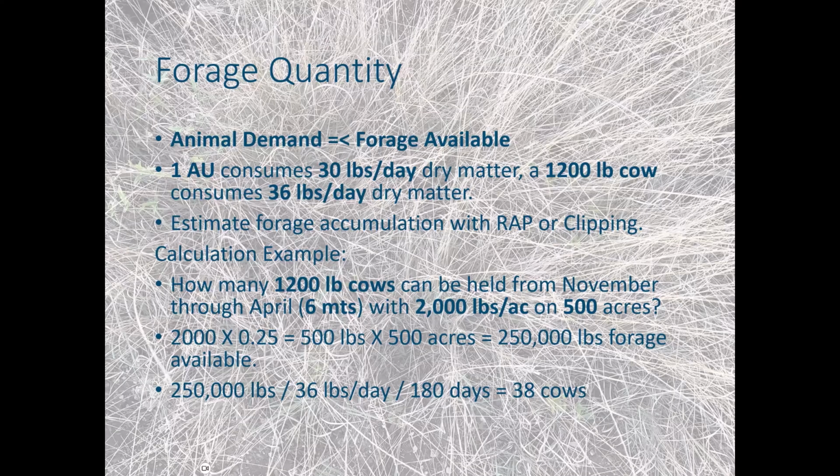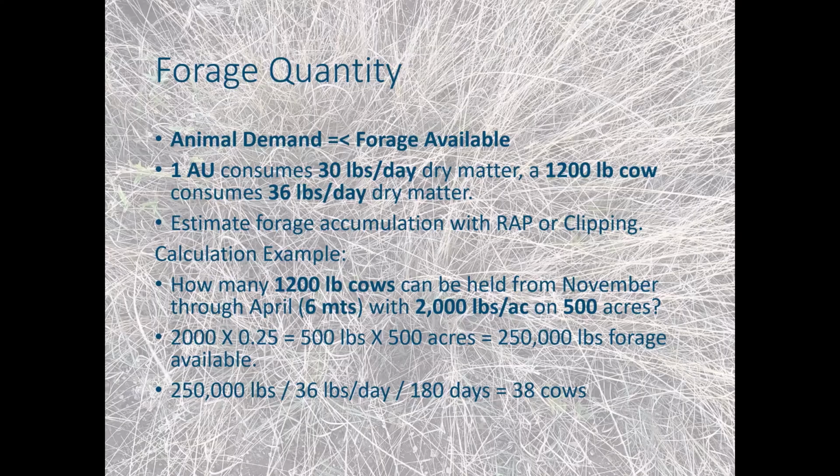So if we have 1,200-pound cows and we're holding those November through April, so we've got about a 6-month timeframe that we want to have those on there. And we've got, say just for example, 2,000 pounds of forage out there on the landscape on about 500 acres. So those calculations would be, you take that 2,000 pounds of forage that you have out there, and our take half, leave half rule.